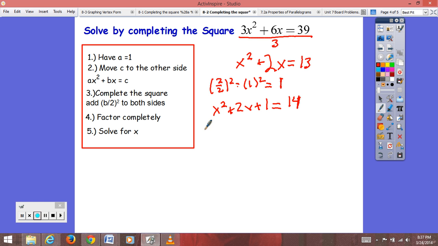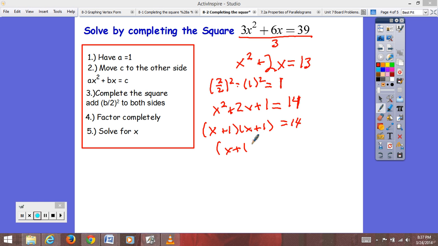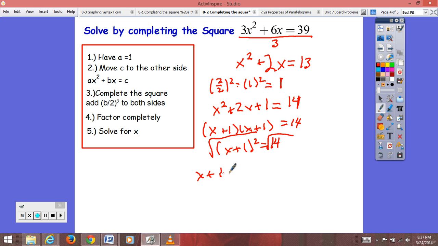And factor, that gives us x plus 1 squared equals 14. Take the square root of both sides. x plus 1 equals positive or negative square root of 14.